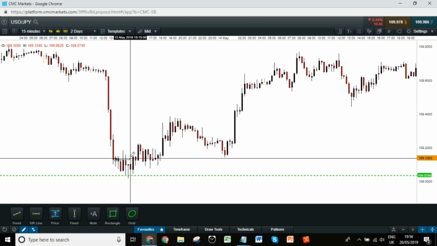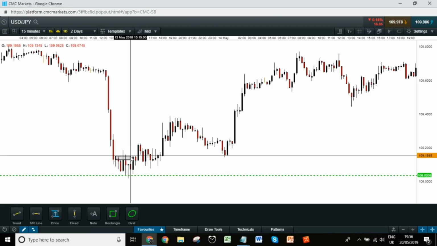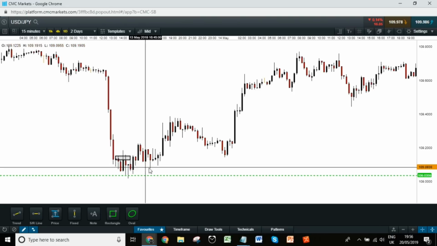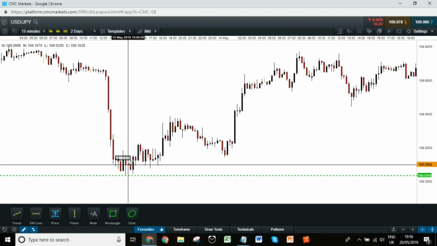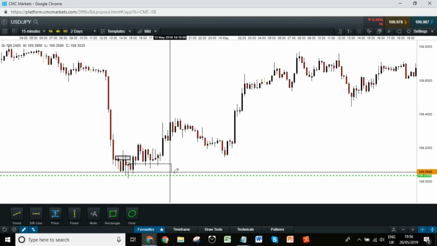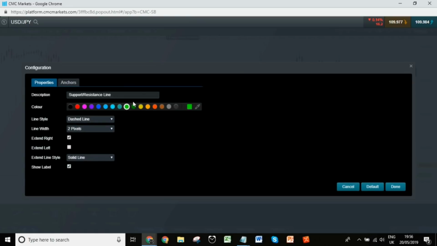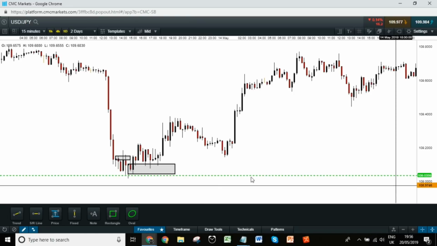I probably would not even bring in that long wick because it doesn't matter at this point. And then we could have taken this area here for our entry. It's green. Oh, wrong one.